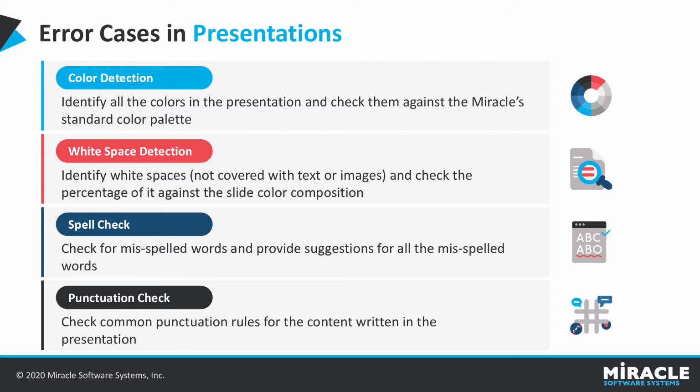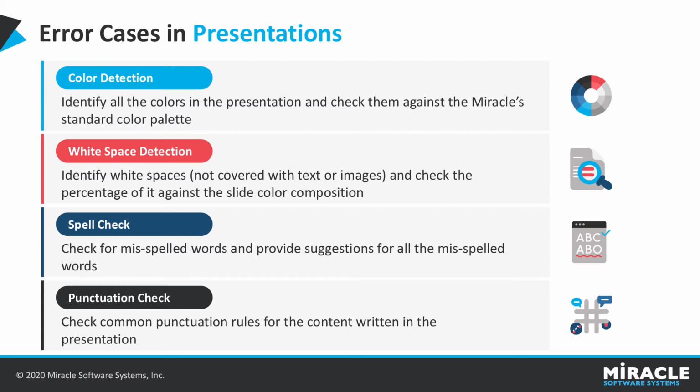The next one, white space detection. Usually many people leave slides half filled or almost empty with very little content. This won't look like an ideal presentation. For this reason, we have added this module to check if there is more white space, maybe more than 70% in the slides or not. That is about white space detection. Spell check. This module checks all the words in the presentation and checks if the spelling of a particular word is correct according to the English dictionary.